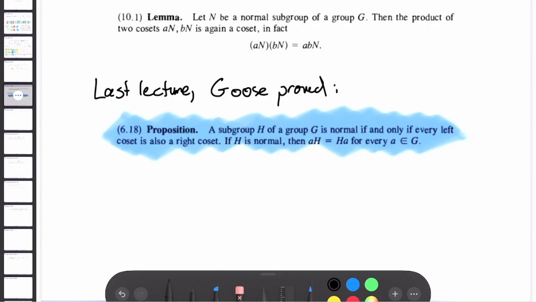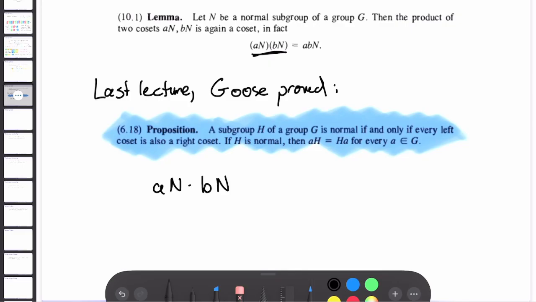Yeah. So I claim we're done. This thing that Goose did essentially resolves the entire problem. Why? Well, let's start writing things down. We need to start with an times bn.